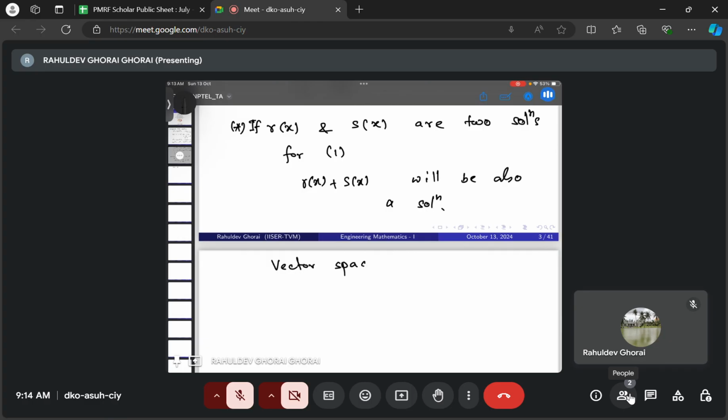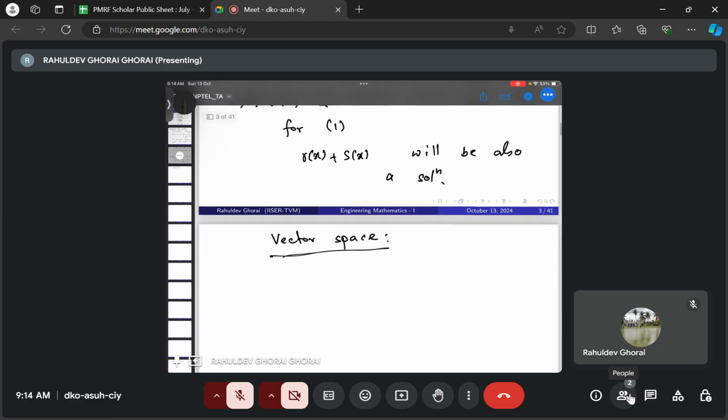I just wanted to connect vector spaces and differential equations a little bit. As it is an extra class, we can do some of those things. A vector space, if you recall, was like an abelian group with a linear structure.